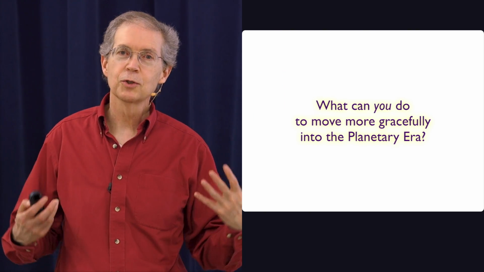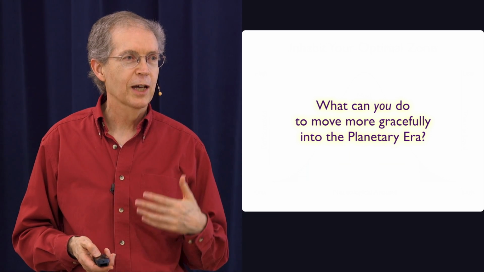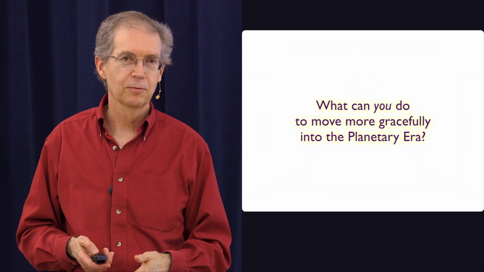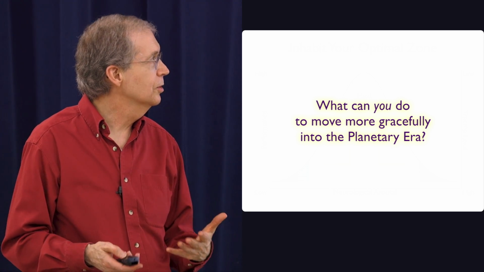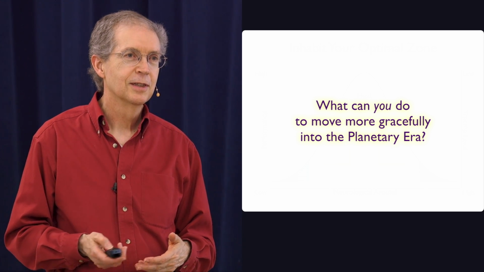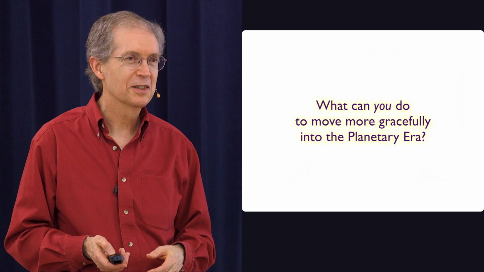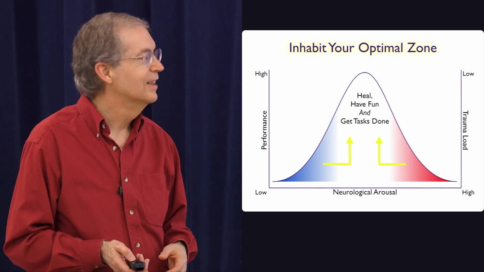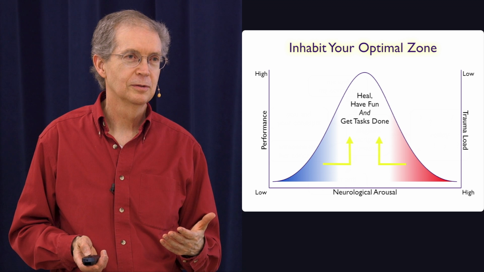Okay, so I want to tie some threads together now for the three presentations that we've done so far. So what can you do to move more gracefully into the planetary era? You're going to have your own conclusions, but here's what I suggest. First of all, learn to inhabit your optimal zone.